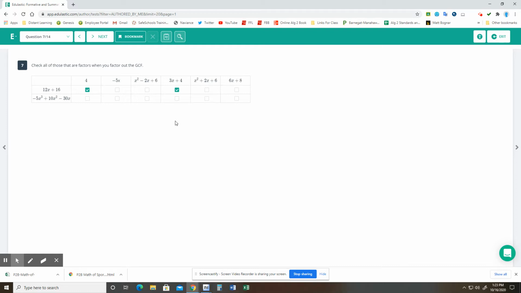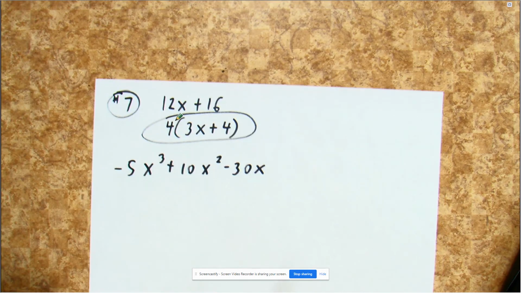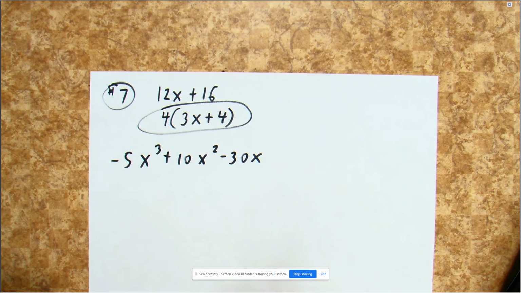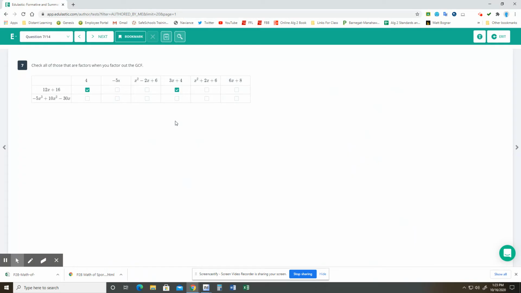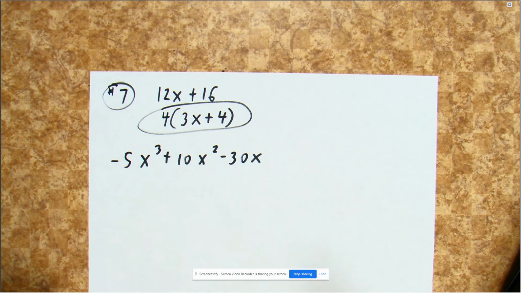Now, if I look at the second one, it is indeed a bit more complicated. For this second one, yes, they all have a 5 in common. And I'm not really a fan of having that negative out front, so perhaps I'm going to take out a negative 5. Let me just look at the answers that they gave me. Yeah, I'm totally going to take out a negative 5. But negative 5 is not your greatest common factor, it's just a common factor.